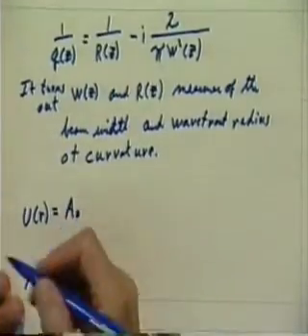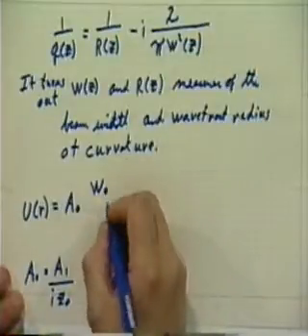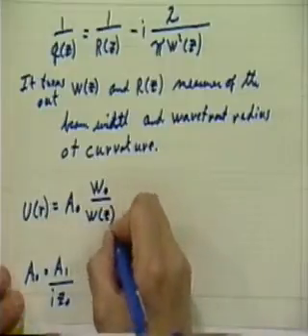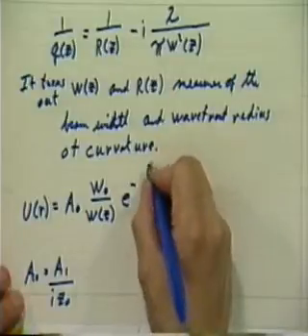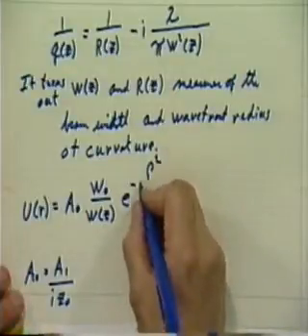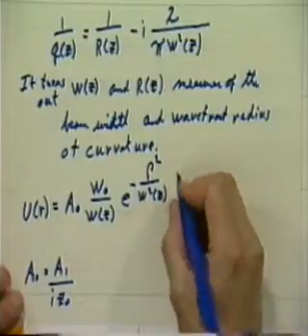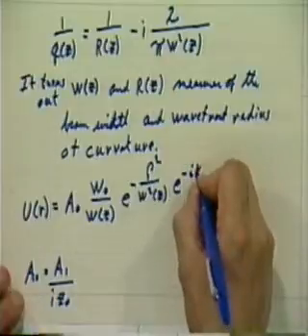So u of r, with a lot of work, turned out to be a naught w naught over w of z, e to the minus rho squared over w squared of z, e to the minus ikz.